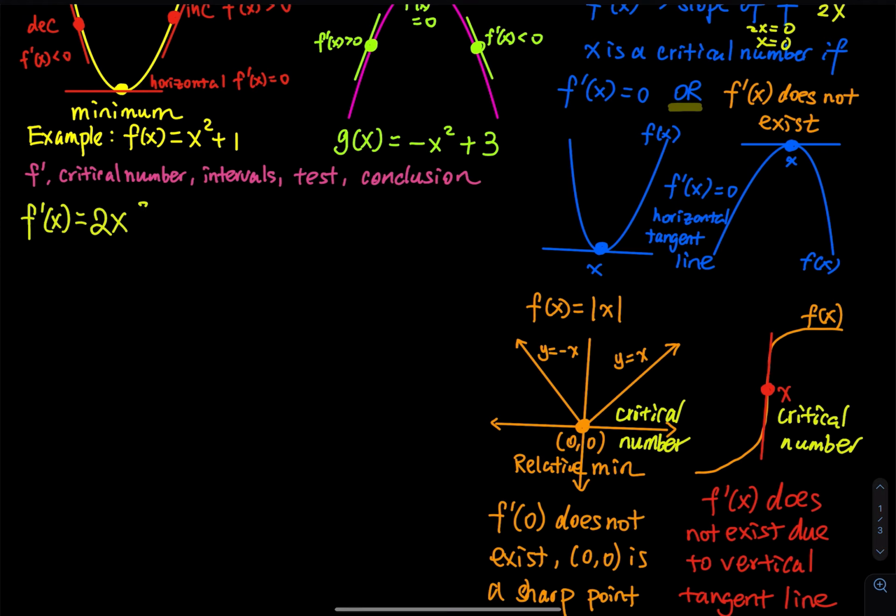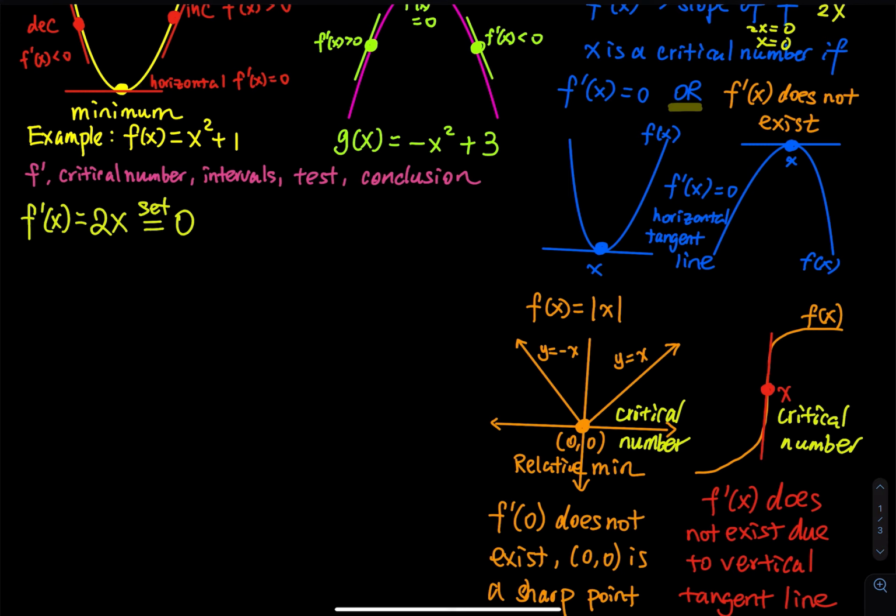Then we set f prime equal to 0. Why set that equal to 0? How come we don't set that equal to 1000? The reason is we want to find the critical point, because at that critical point, max or min, we have a horizontal tangent line, or the slope is undefined.